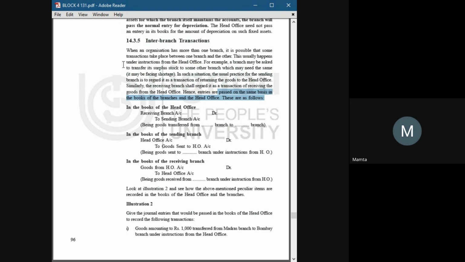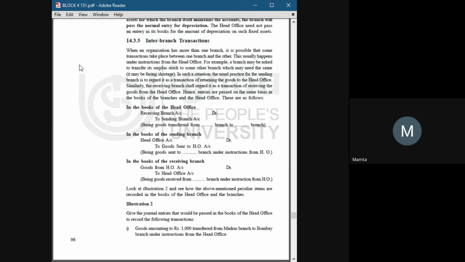In that case head office intervenes and tells branch A to send the goods directly to branch B. Otherwise branch A would send the goods to head office and the head office would send the goods to branch B. It will cost more, with more transportation cost.